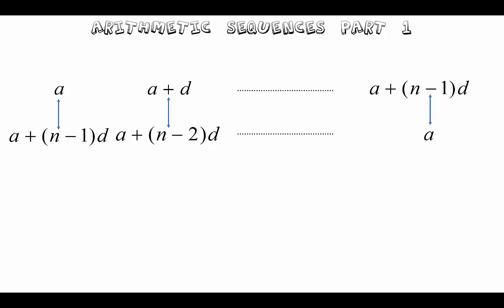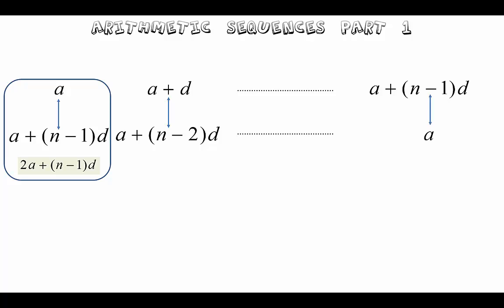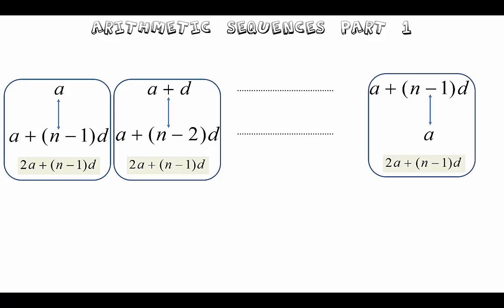So the first term of our second line becomes a plus n minus 1 d, and so on. And then, just pretty much as Gauss did, we can pair the terms, and that's what those arrows represent. Our first pair of terms will sum to 2a plus n minus 1 d. Our second pair of terms will also sum to the same value. Indeed, so will all the terms.